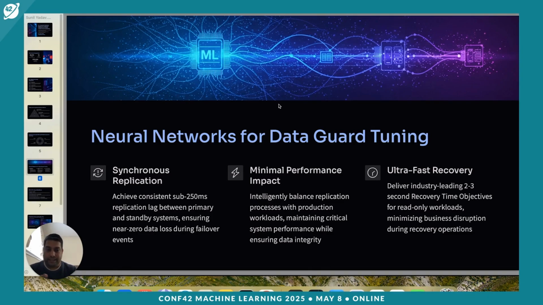Like I said, ultra fast recovery on the standby side is still going to give you a few minutes of downtime, but it should happen quickly enough so that the secondary or failover database is available within a few minutes, if not less than a minute. So yeah, that is about Data Guard tuning.